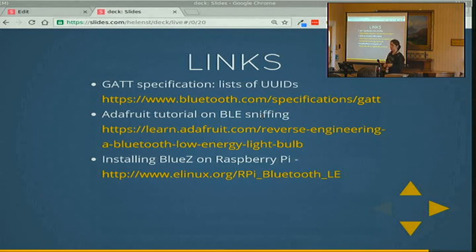There are loads of examples of this out on the web with different light bulbs. Adafruit has quite a good one. They actually don't use a phone, they use a device called a Bluetooth sniffer, which I think just sits on the USB port and looks at Bluetooth connections. I haven't used one myself. And then there's some instructions for setting this up on a Raspberry Pi as well. If you've got a Pi 3, the hardware's there, and it's pretty straightforward.